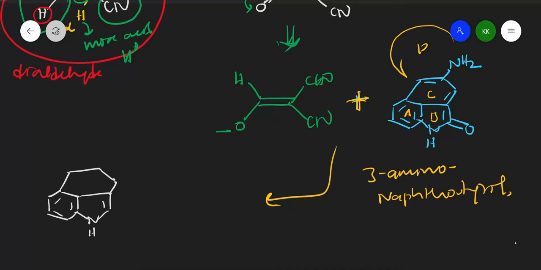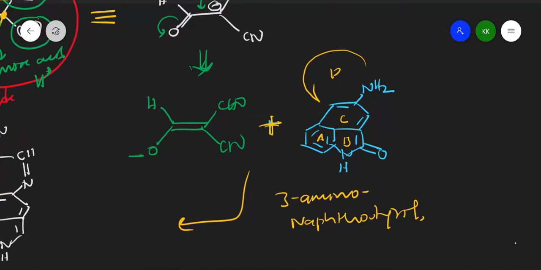Here nitrogen was there, NH2. Now it will form a bond with the double bond carbon. This carbon has cyanide, C triple bond N, and it will have double bond O minus and H. So what does it happen?